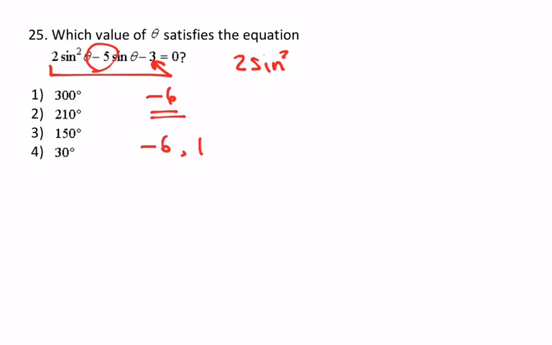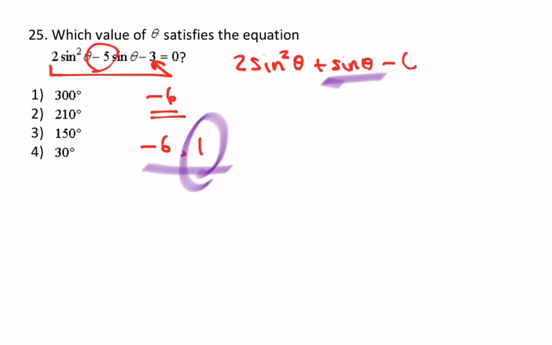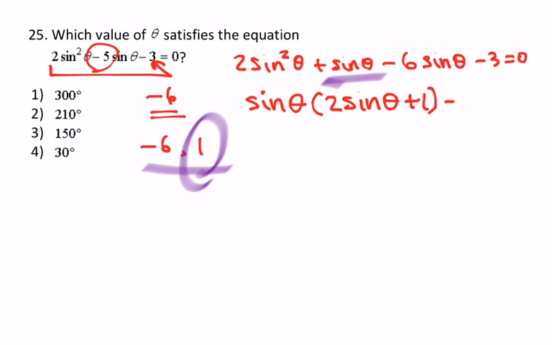Then I can rewrite the given equation using those two numbers over here. Notice that I used 1 over here, and then negative 6 sine theta minus 3 is equal to 0. Then when I factor out sine theta from the first one, we get 2 sine theta plus 1 is what's left. And from the second one, if I factor out negative 3, then we get 2 sine theta plus 1 becomes the answer.